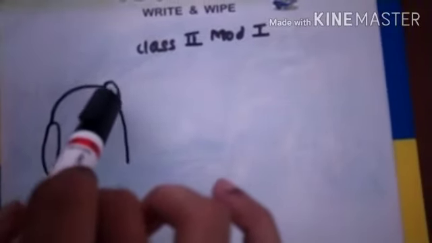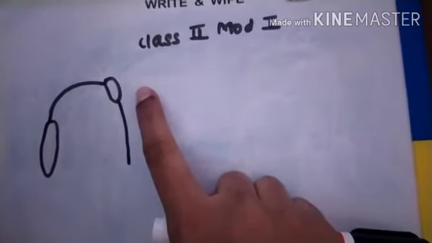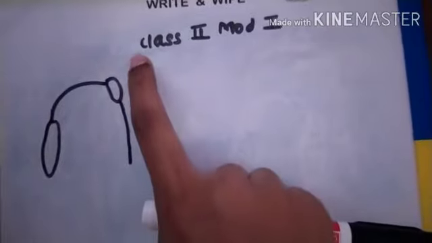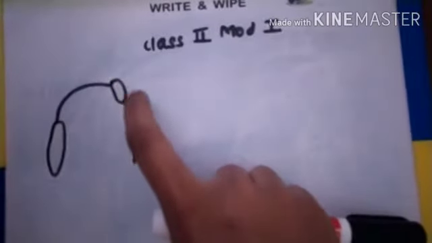I have extracted 2 teeth. But I am not counting the number of teeth which I have extracted in the additional edentulous spaces. I am just counting the number of edentulous spaces. That means even though I have extracted 2 teeth, there is only one edentulous space which is present, right? So it will become a class 2 modification 1 only.